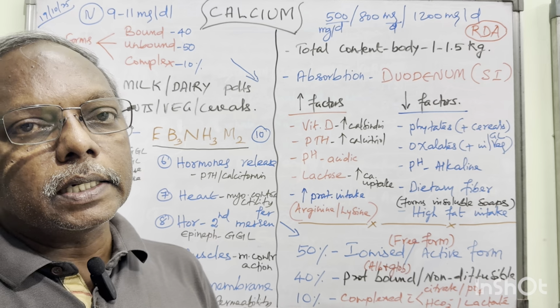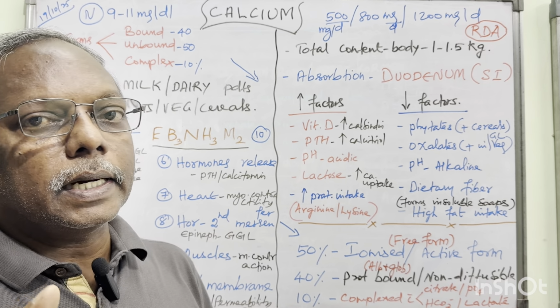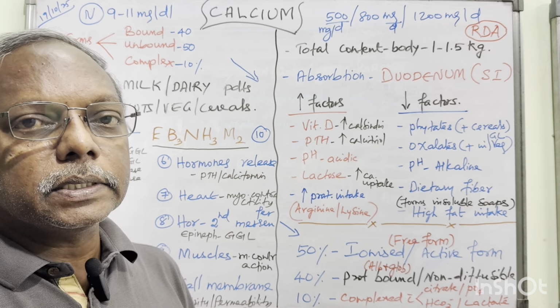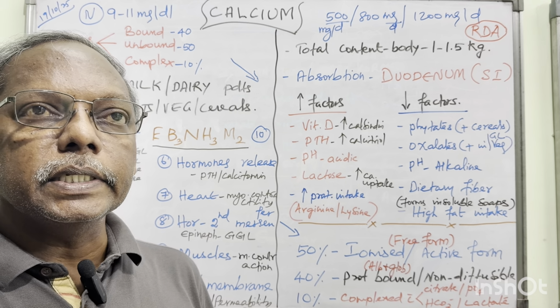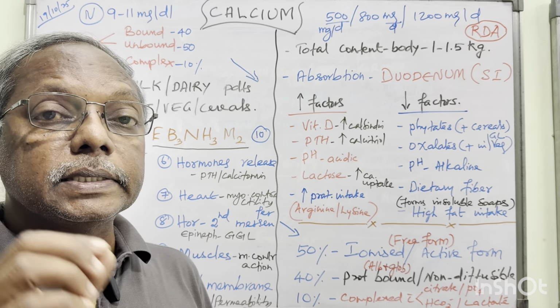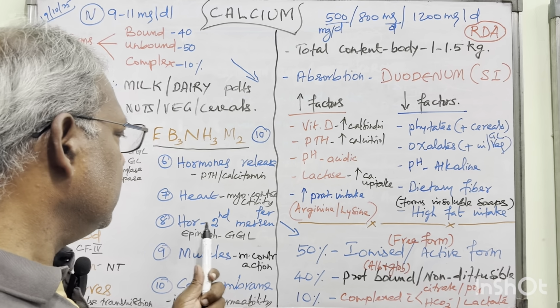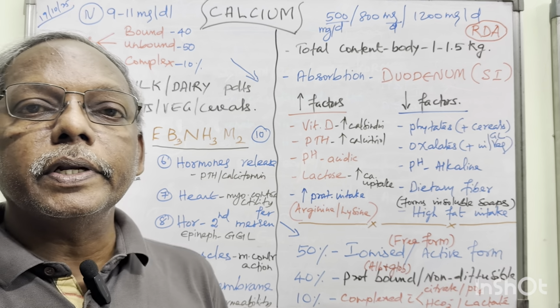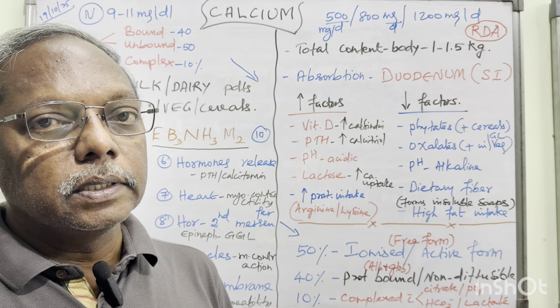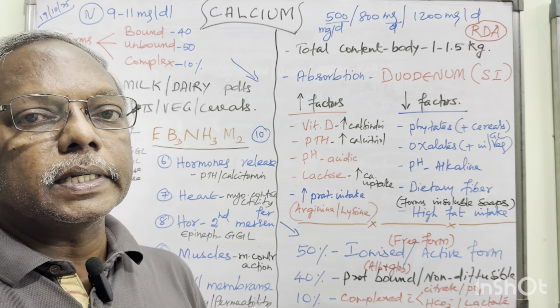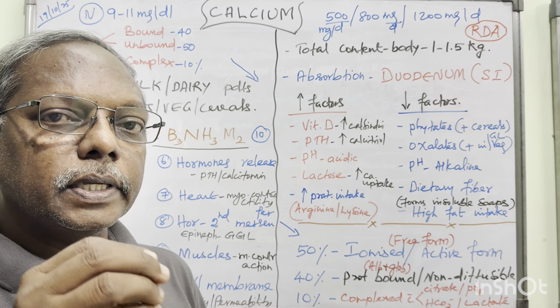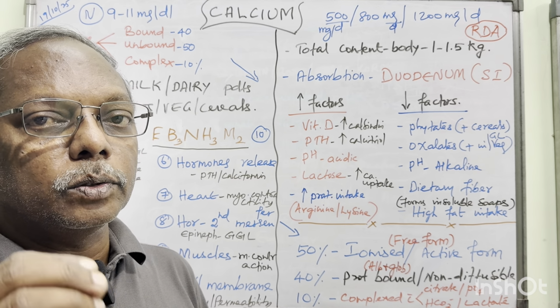Next one is the heart, you know very well, myocardial contractility needs calcium. Then, next action is that calcium acts as a second messenger for hormones like epinephrine in glycogenolysis. Calcium acts as a second messenger for the action of epinephrine in glycogenolysis.